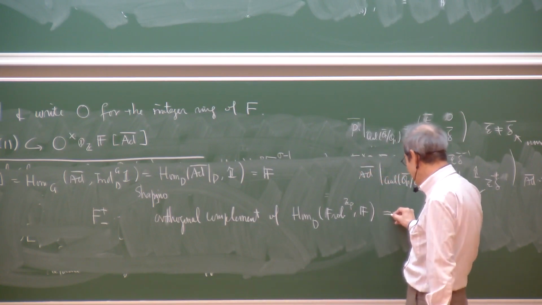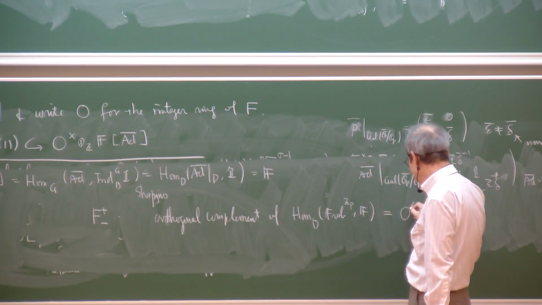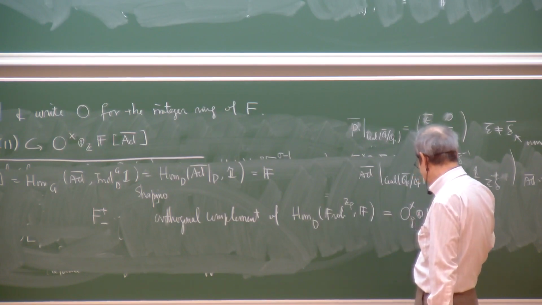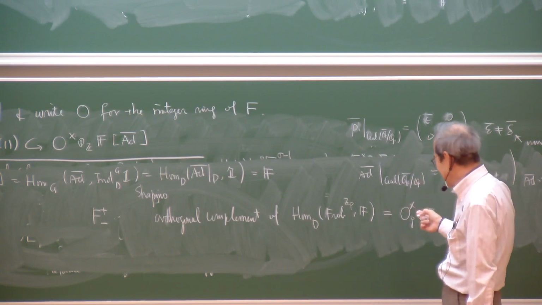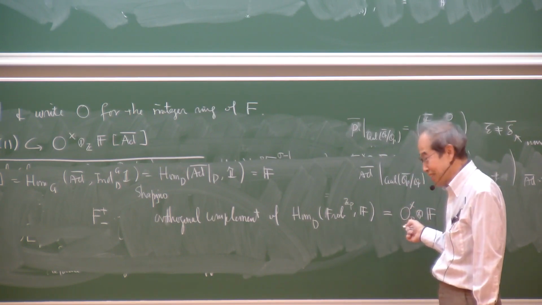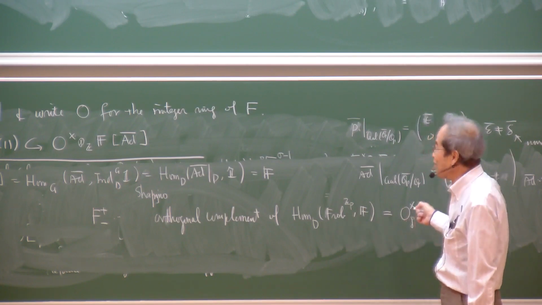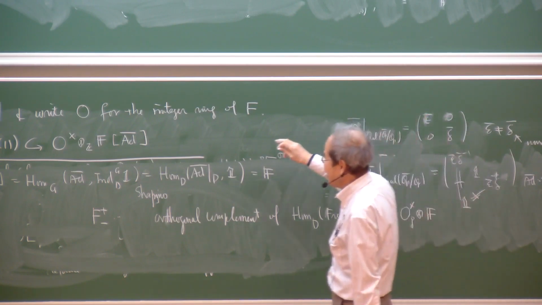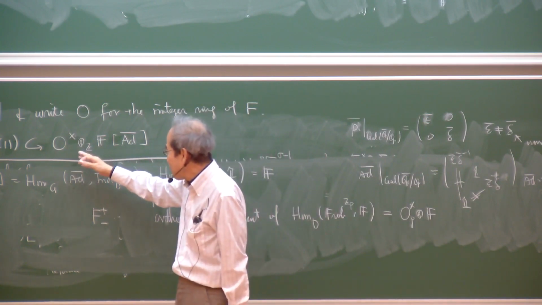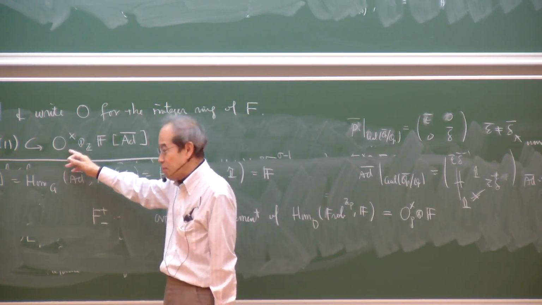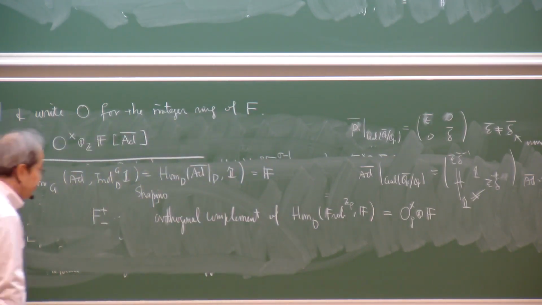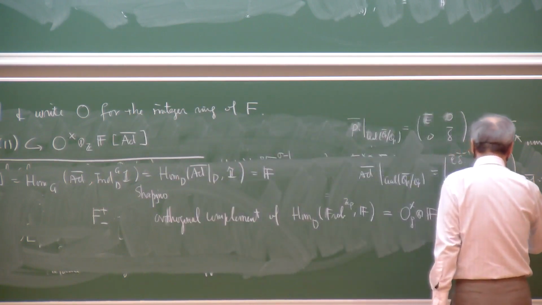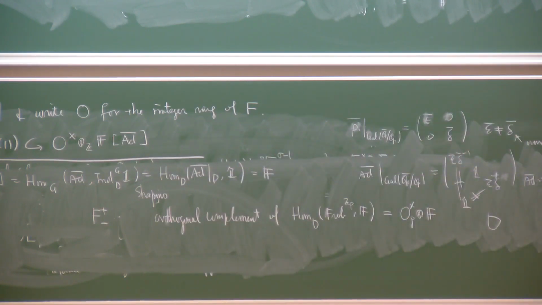The orthogonal complement of this is O_P tensor F. Therefore, the cocycle is, this is not an unramified cocycle, but it is in this sense integral. So I found that outside P it is already integral, and at P also integral. So you win. So this I use the fact here. This fact I use.